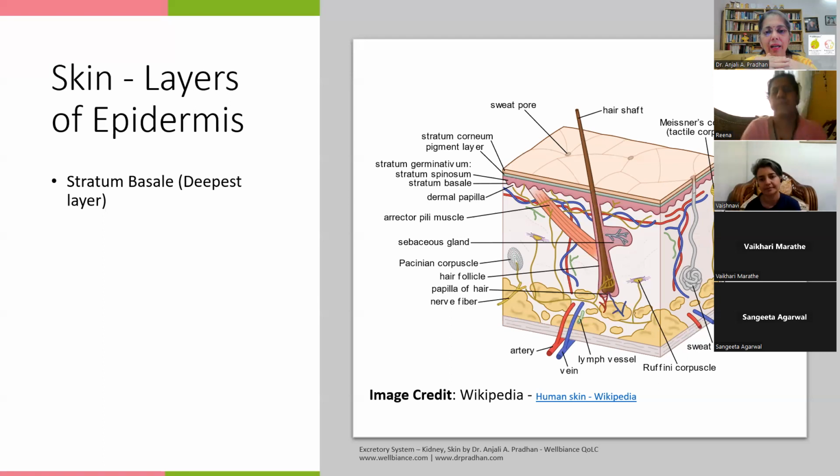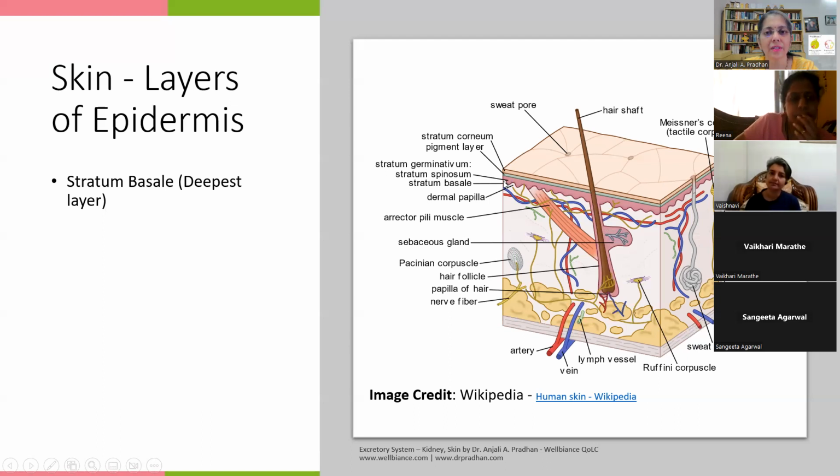Okay, and these layers, these cells continuously they ऊपर होते रहते हैं. They move up. So यहाँ से जो चालू होता है ना, from base it moves up. So ये जो cells है, these cells move up.